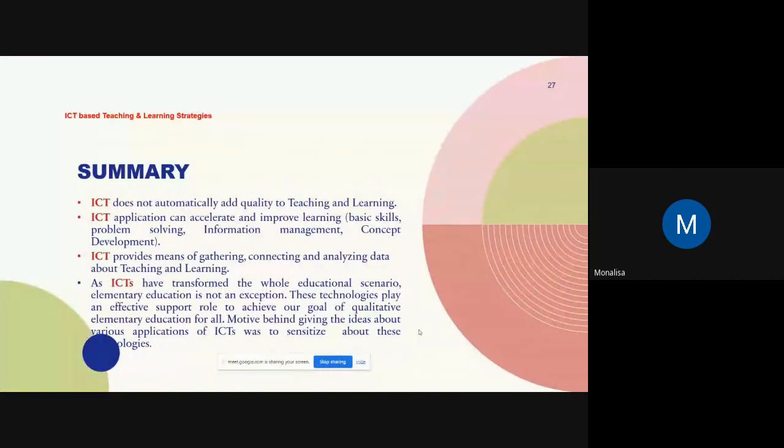And coming to the last portion, that means we have to sum up our session, whatever we learned from the starting to the end. We need technology in every classroom nowadays.